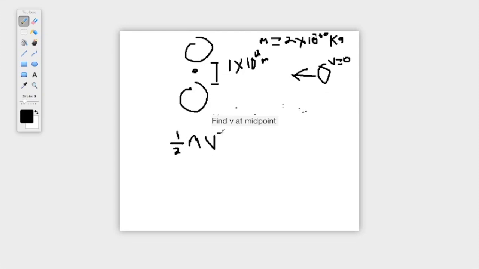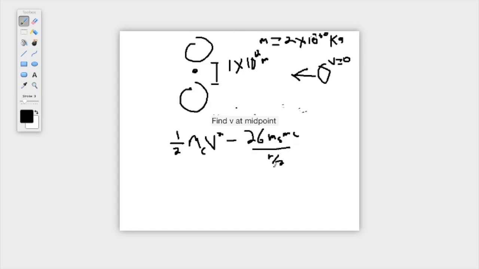So 1 half mv squared, and this is the mass of the comet, minus. Because both of them are pulling together, I'm just going to combine it to one mass. So 2G M sun times Mc, and then over r over 2, right?